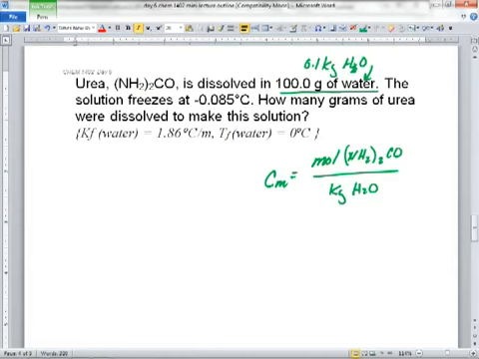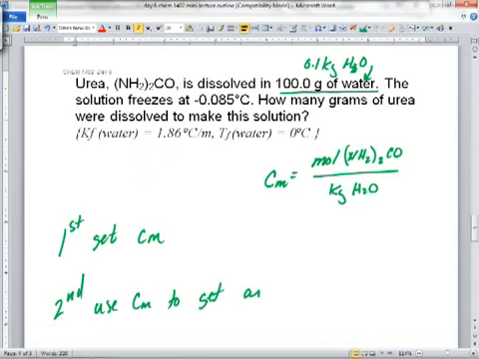You see that? Does that make sense? So first, get CM. Second, use CM to get the answer, grams of urea.